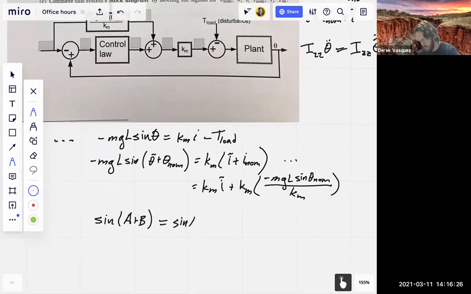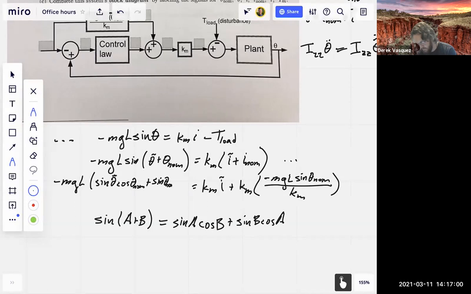It comes out to sine A cosine B plus sine B cosine A. So what this comes out to is negative mgl sine theta tilde cosine theta nominal plus sine theta nominal cosine theta tilde.